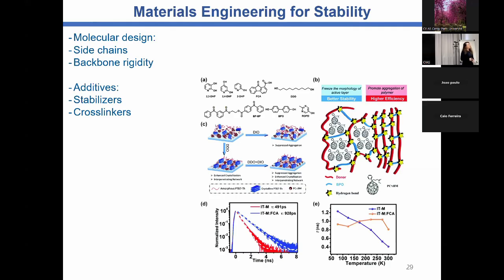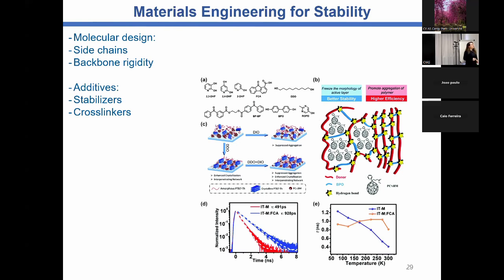So in terms of material, to increase stability, materials with side chains, because of the more stable morphology, or backbone rigidity, so they have this freezing morphology. Even though the excitons can induce morphology changes, it will not have a direct impact because of the freezing morphology.